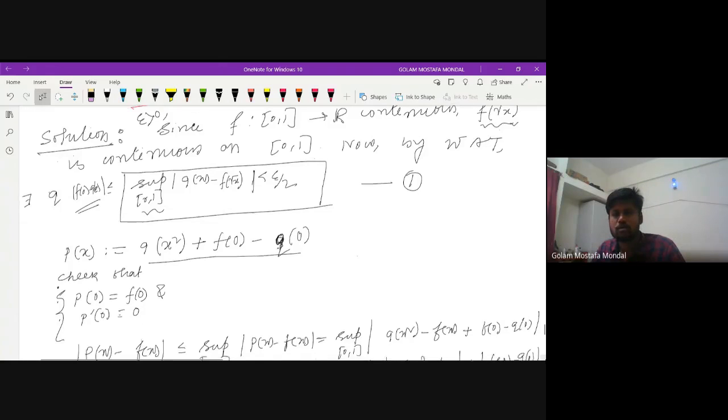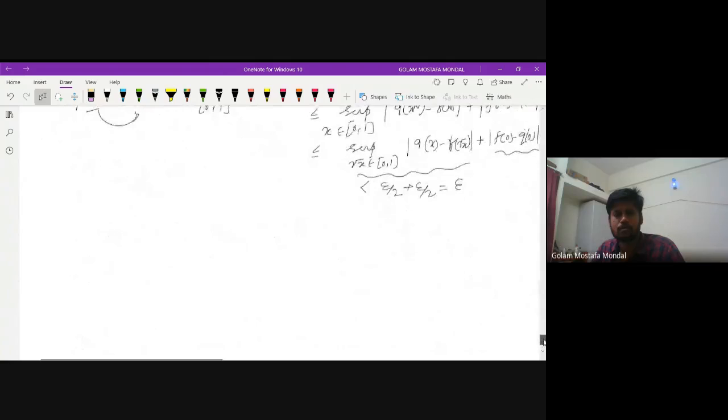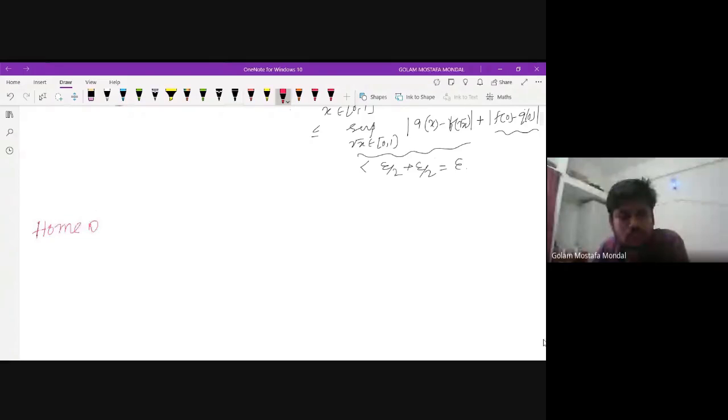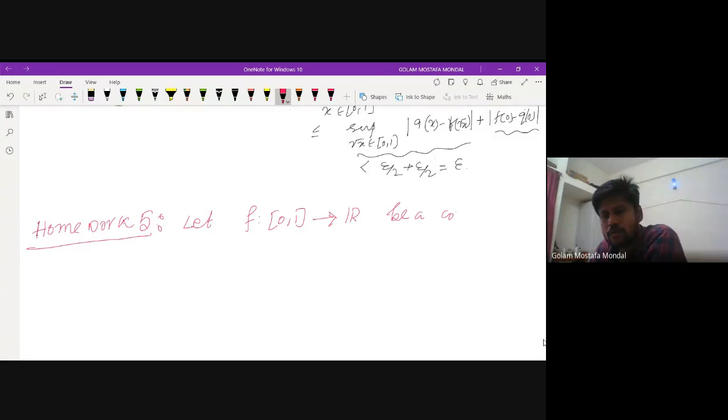Now we will give you the last one. Homework 5. Let f from 0, 1 to R be a continuous function.